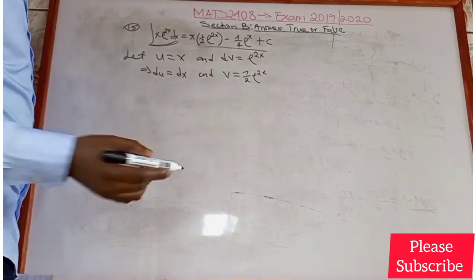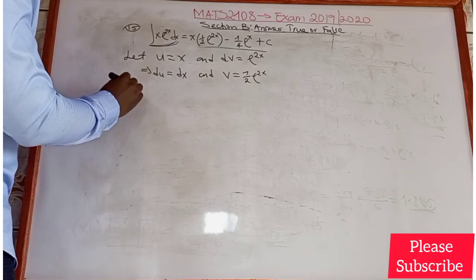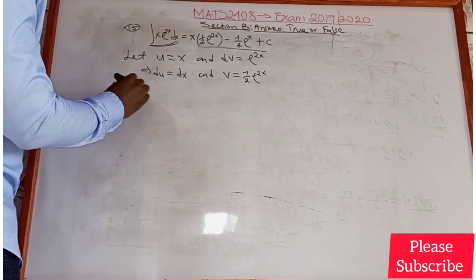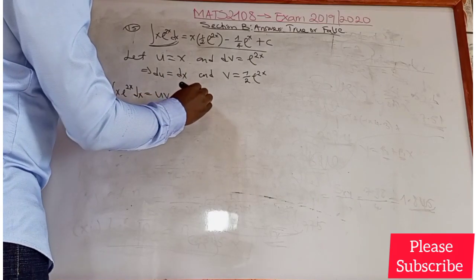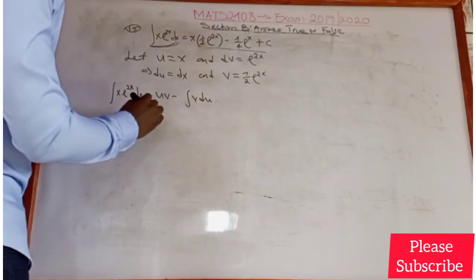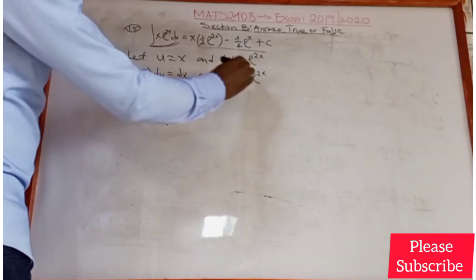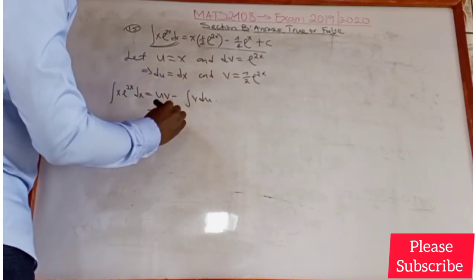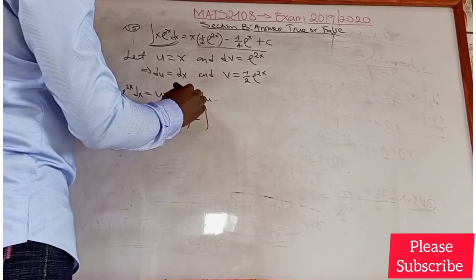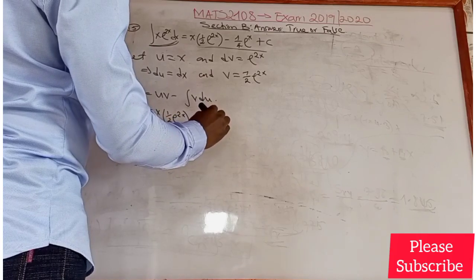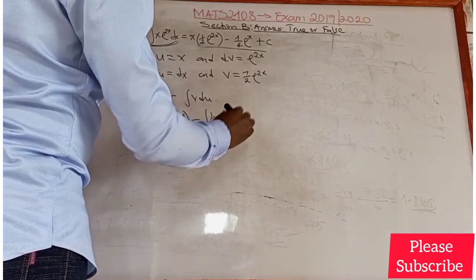Now integration by parts says that what? The integral of x e to the 2x dx is equal to uv minus the integral of v du. This gives us our u is x, our v is 1/2 e to the 2x, minus the integral of v, which is 1/2 e to the 2x, dx.